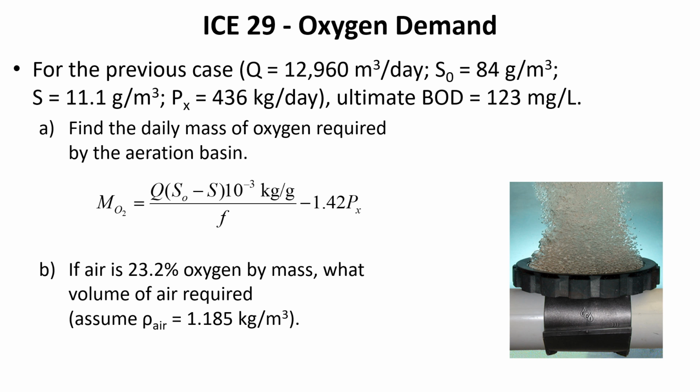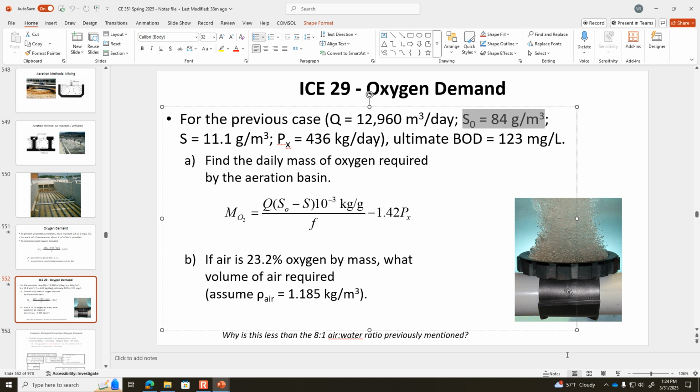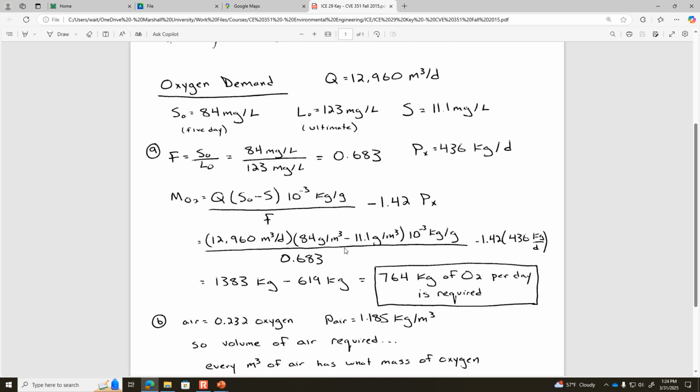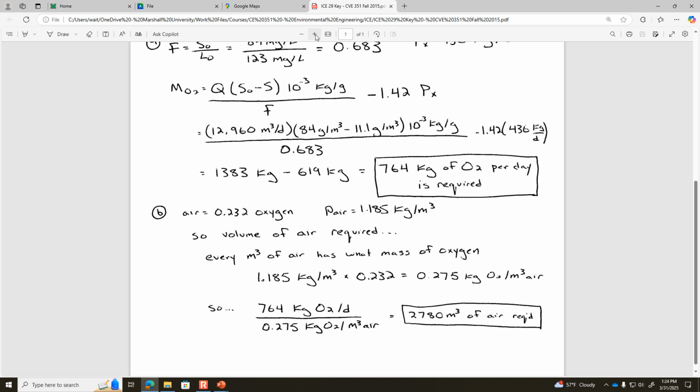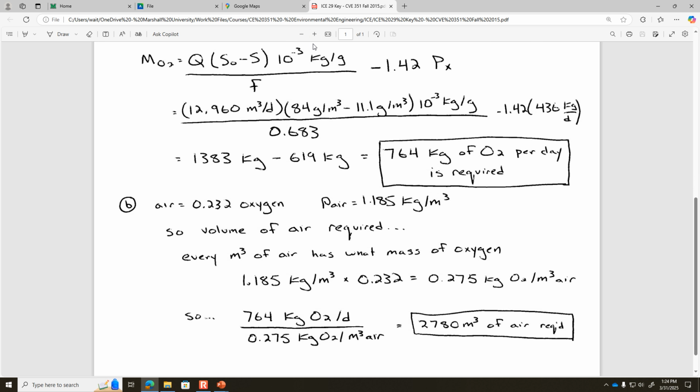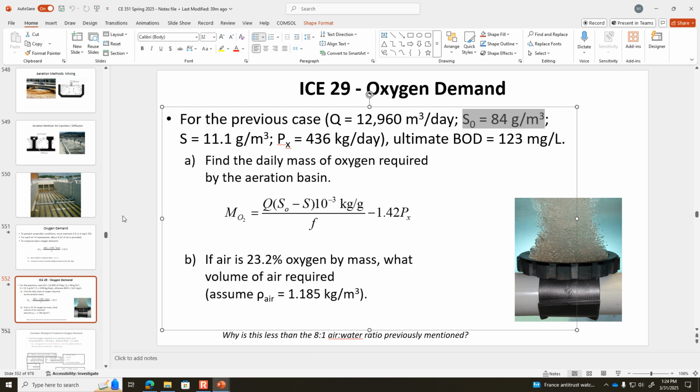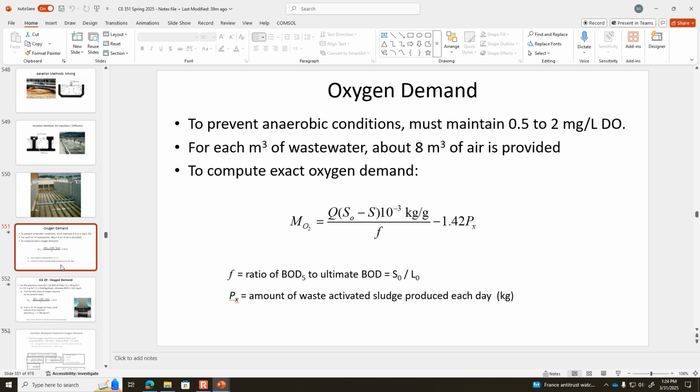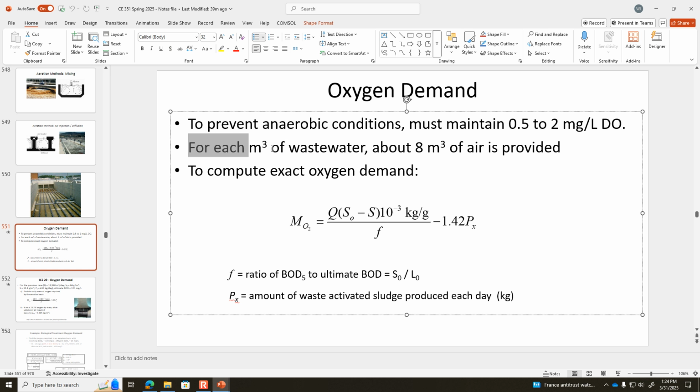That is much, much less than the 8-to-1 ratio I previously told you about. The previous ratio of 8-to-1 was just a rule of thumb: for each cubic meter of wastewater, about 8 cubic meters of air is required.